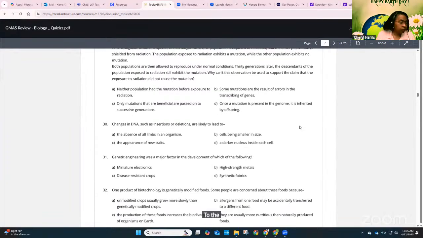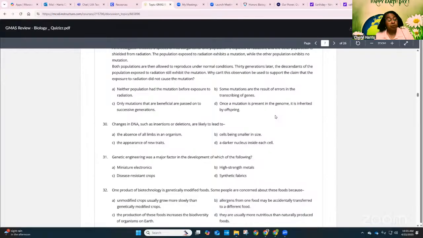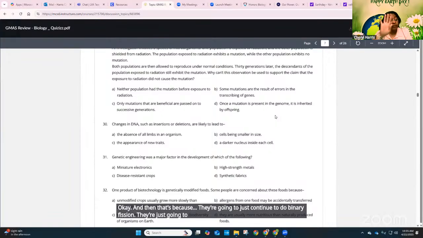So the correct answer for that is D. Once the mutation is present in the genome, it is inherited by all of the offspring. Okay. And that's because they're just going to continue to do binary fission. They're just going to do asexual reproduction. It's going to keep generating whatever was created in the first place. Okay. All right. 30.